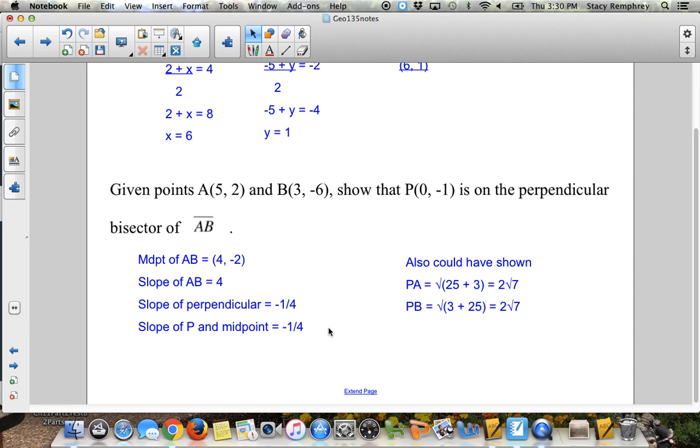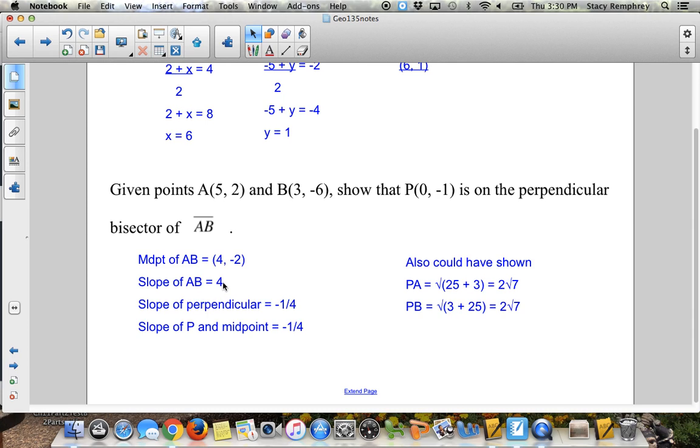All right, down at the bottom, perpendicular bisector, we knew 2 important things. One, it better be perpendicular to the segment AB, and that it needed to go through the midpoint. So most people started by finding the midpoint of AB using the midpoint formula. And over here, we found the slope of AB. We needed the slope to figure out if they were going to be perpendicular.